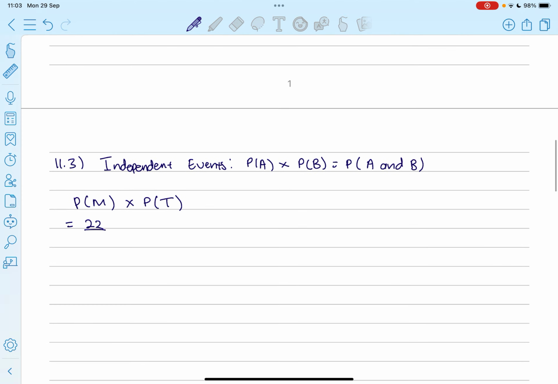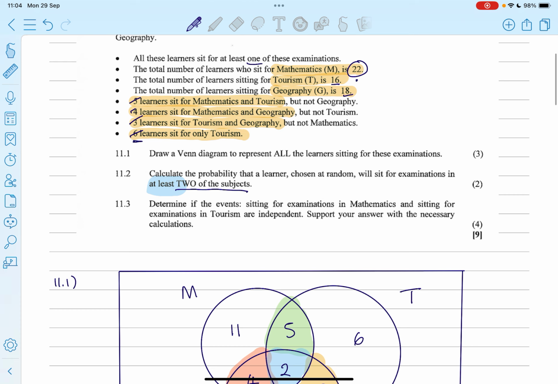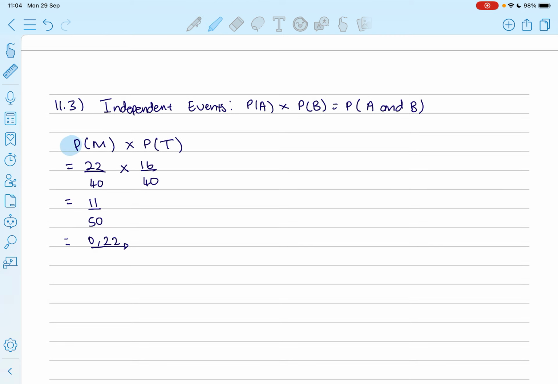So it would be 22 divided by the total number of students, which is 40. And then we multiplied by the probability of tourism, and that value was 16. So it would be 16 over the total number, which is 40. And simplifying this, you get an answer of 11 over 50, which when we convert to decimals is 0.22. That's the first answer for this part.